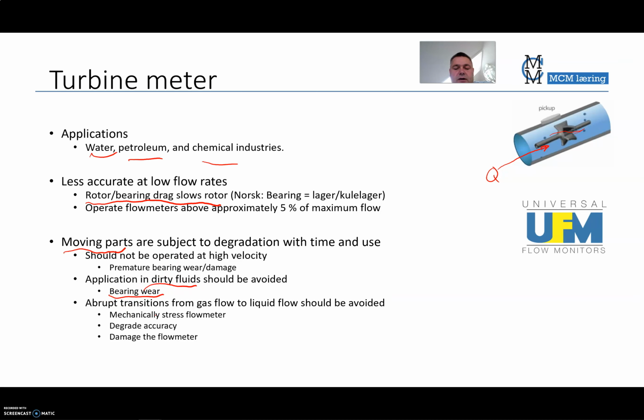So they can be used basically for clean fluids where you have an expected high velocity of the fluid, for example in a petrol pump. But then again, they are very cost effective. You only need some tool to measure the rotation of the turbine inside there.